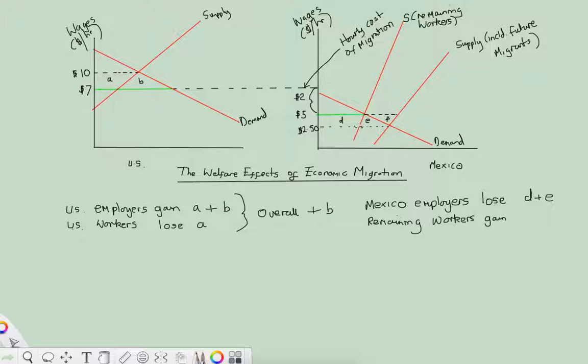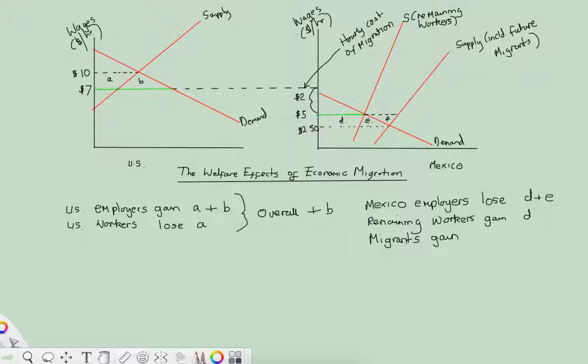You can see that these workers above their supply curve, they get to enjoy extra welfare surplus of D. So they gain D. And then the migrants, who we've got in the Mexican diagram, the migrants also gain because they get to gain areas E plus F.